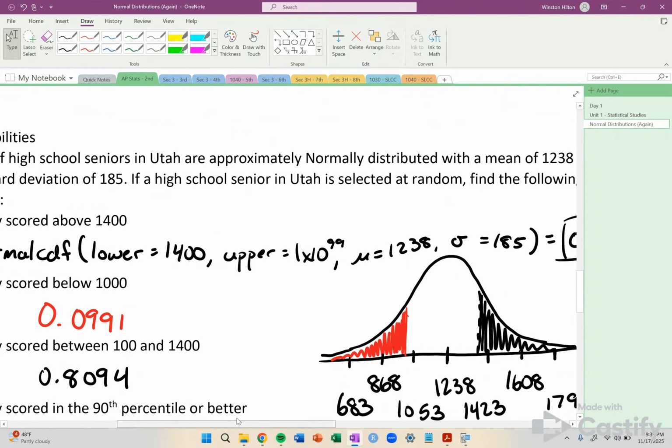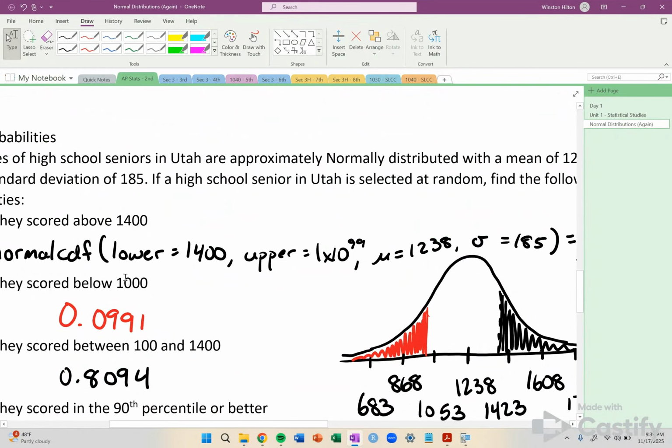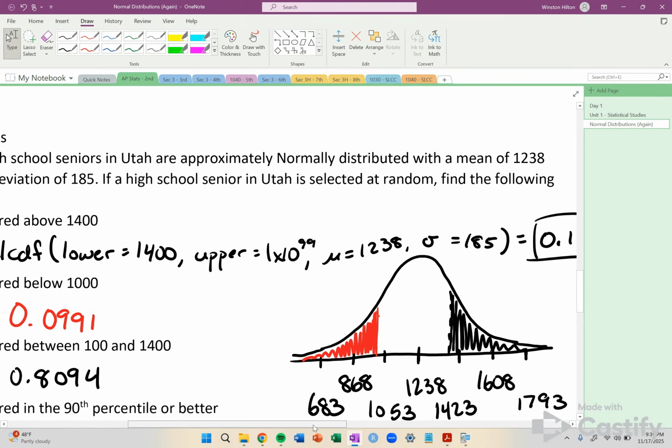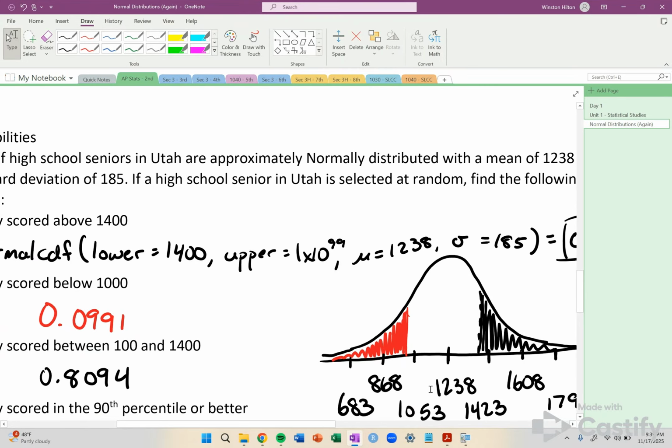You need to specify all of your inputs, the lower bound, the upper bound, the mean, and the standard deviation. If you do not enter it in this exact way of labeling the various inputs, AP will not count that as a correct response. So if you choose to use the calculator, you need to label it in this manner.